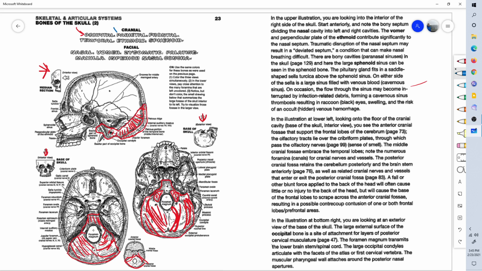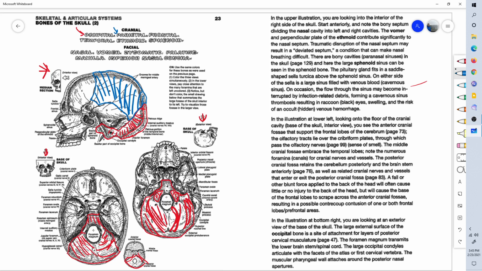And the parietal bone, another cranial bone here, which we've discussed. There are two of them, one on each side of the head, superior to the temporal bone, and superior and lateral to the occipital bone. Let's define that again in this view over here.